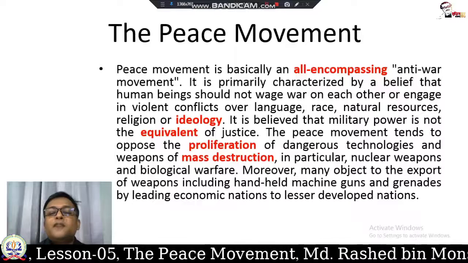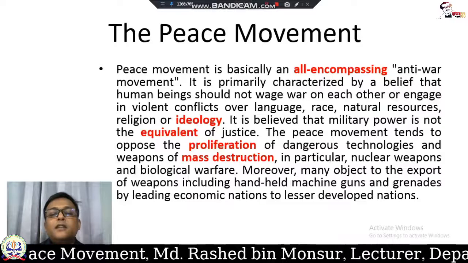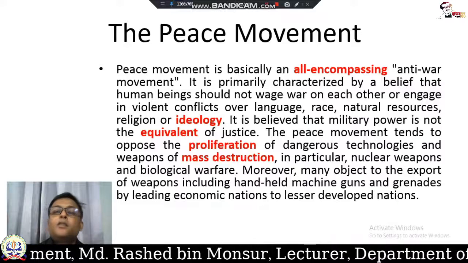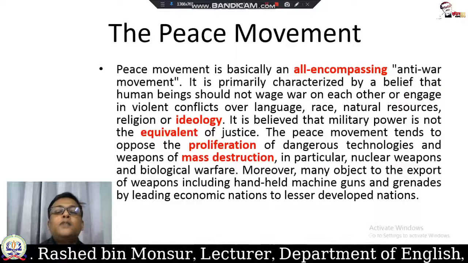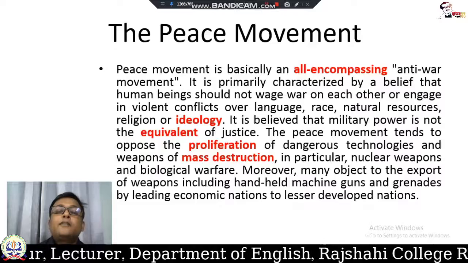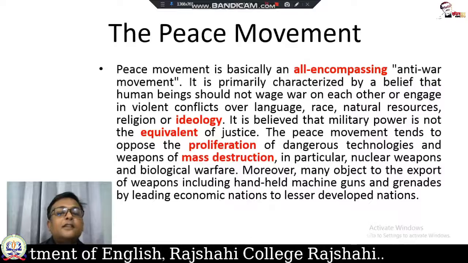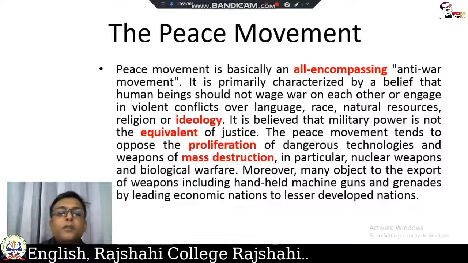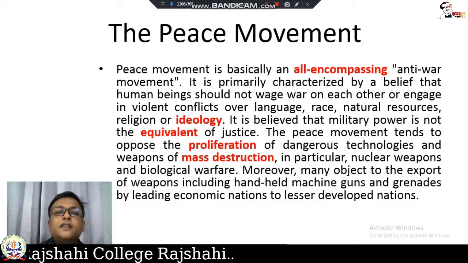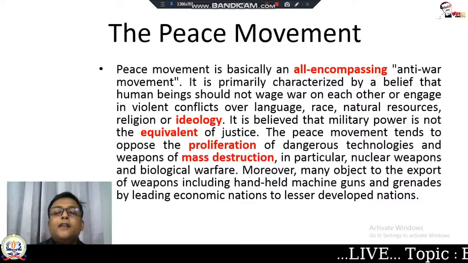So, weapons of mass destruction are those weapons which can destroy the world within seconds, particularly nuclear weapons. Okay, nuclear weapons are very dangerous, and even more dangerous things are biological warfare. All right, so there are some biological weapons, and biological weapons can kill people on a large scale. So that is why these weapons, like nuclear weapons or biological weapons, are known as the weapons of mass destruction.